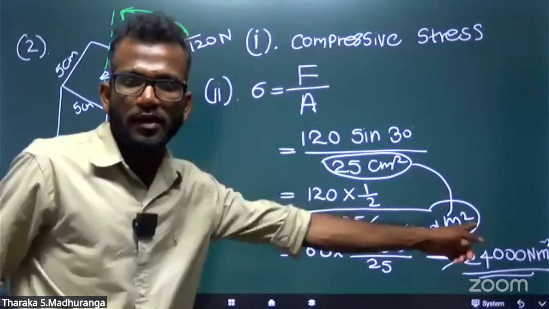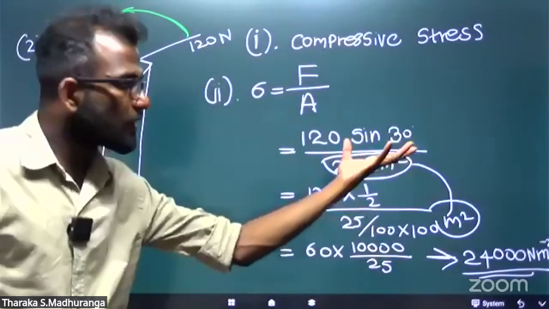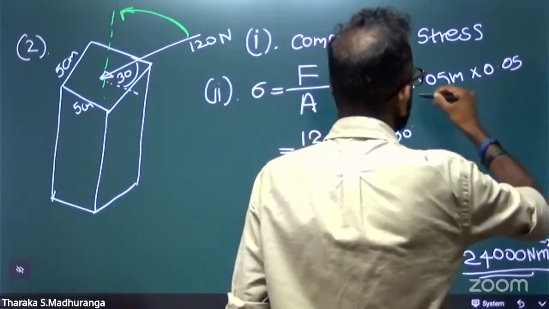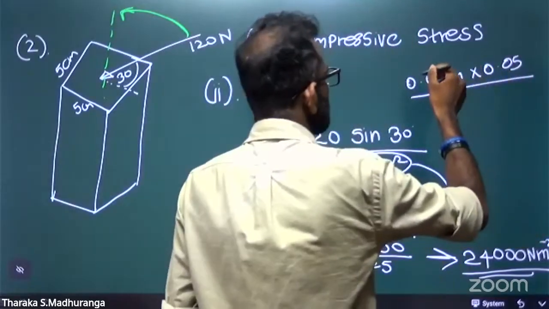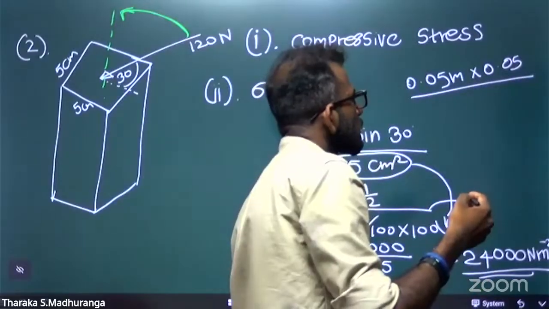Here I did area into 0.05, the same thing. 60 over this.